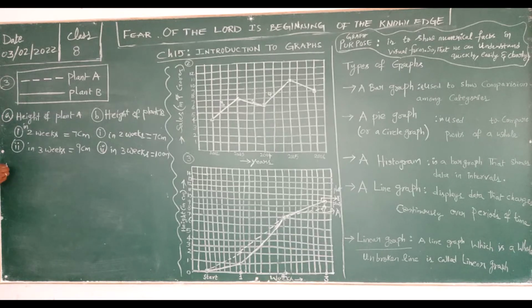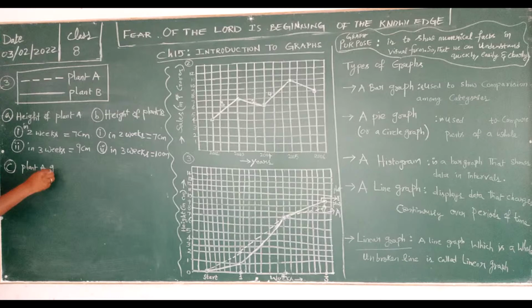Next is question C. What is given? Question C says: how much did plant A grow during the third week? So how do we find plant A's growth in the third week?